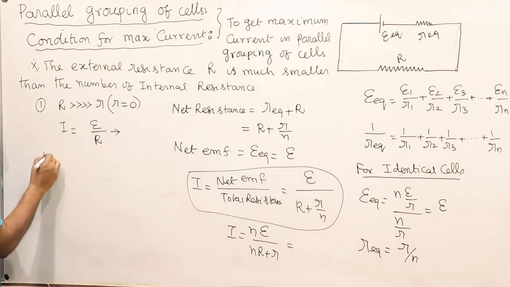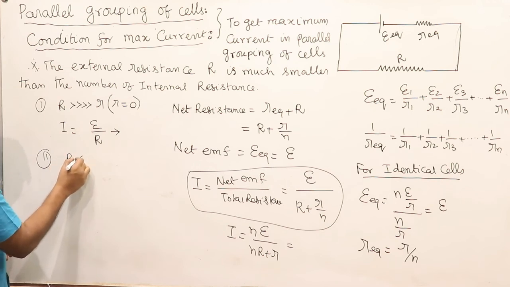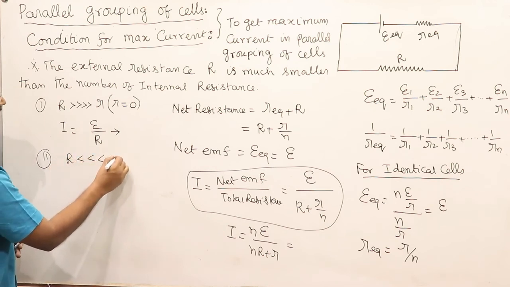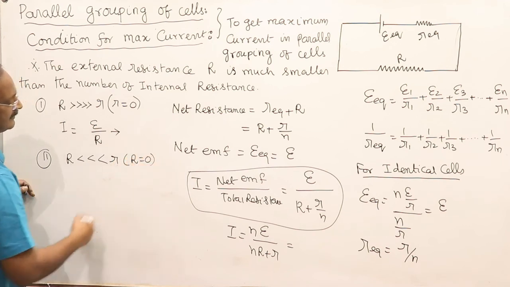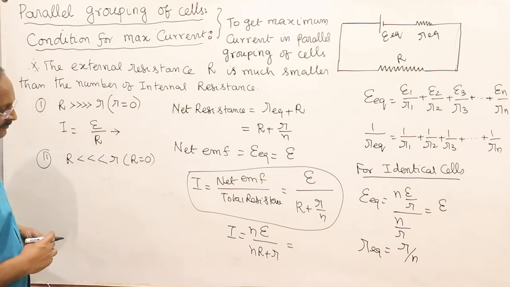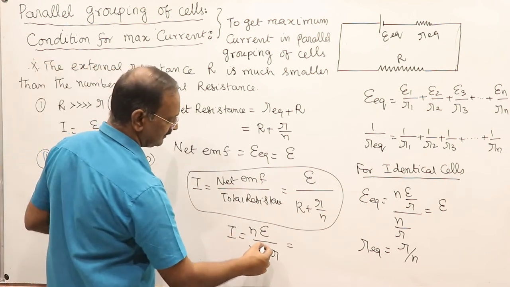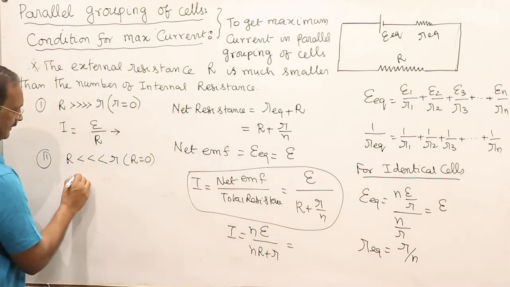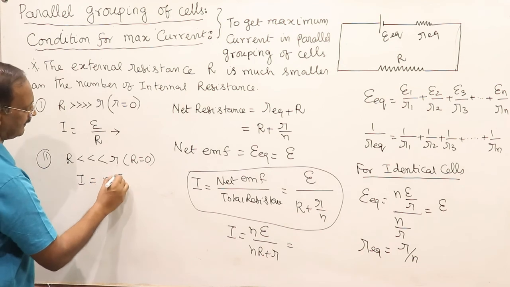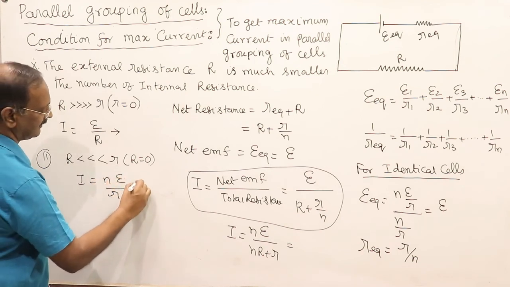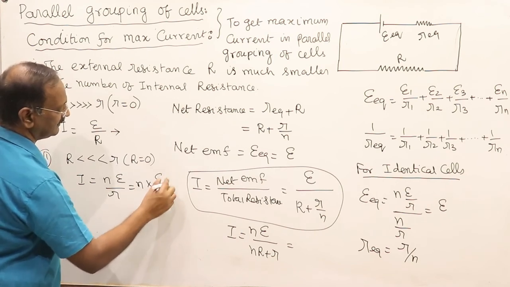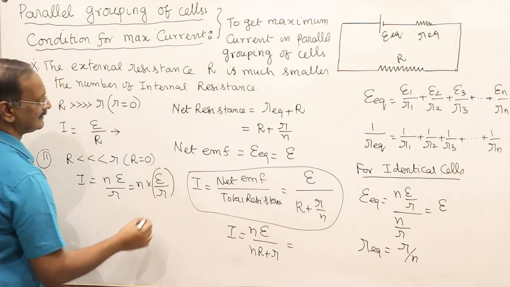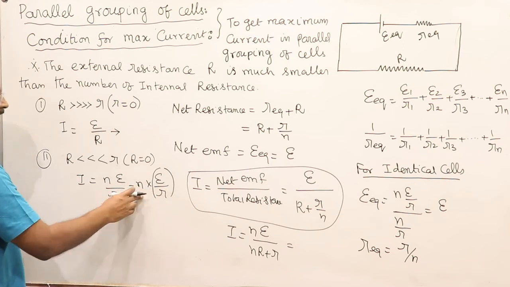Second condition, if R is much less than r, that is, capital R, the external resistance, is equal to 0, then the current is equal to nE by r. We can write this as n into the EMF of one cell divided by its internal resistance, that is, the current given by a single cell, n times.